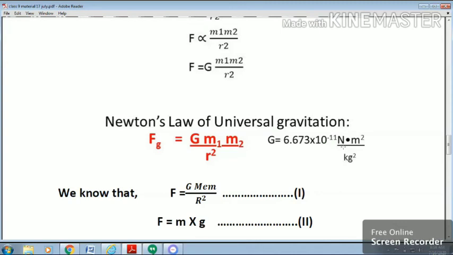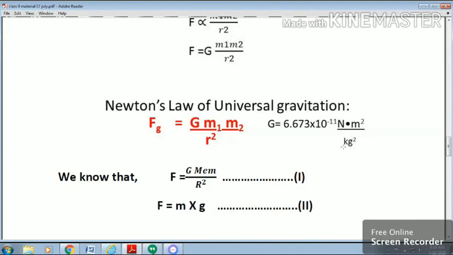Now there is a doubt between capital G and small g, and we have a very important question regarding the relation between small g and capital G. Now how to calculate this relation? Just now we got this formula that F is equal to G m1 into m2 by r square. Mark it as equation number 1.